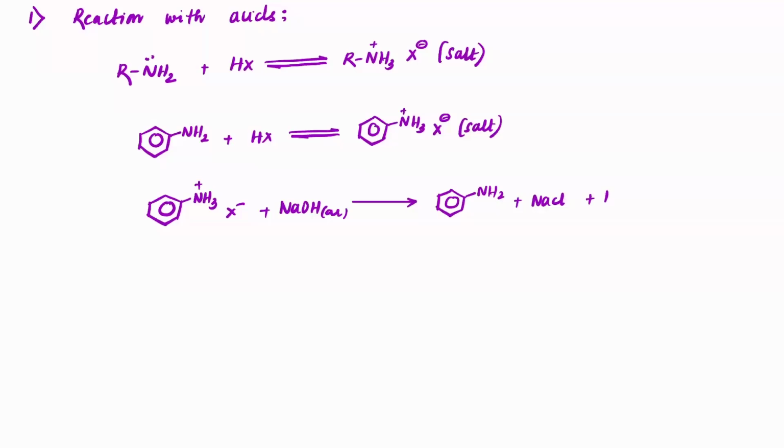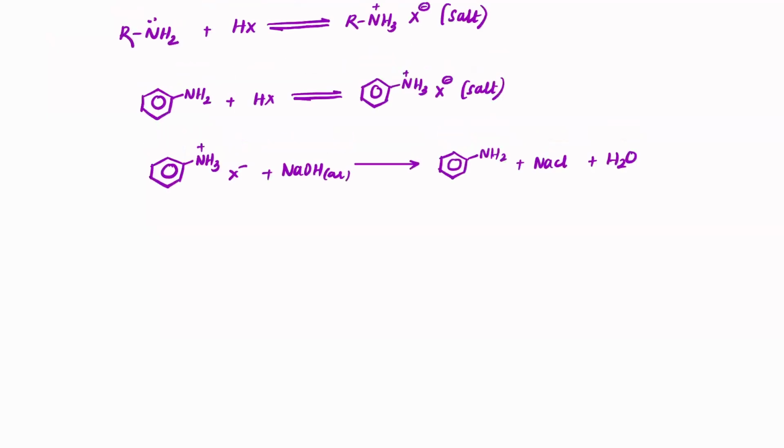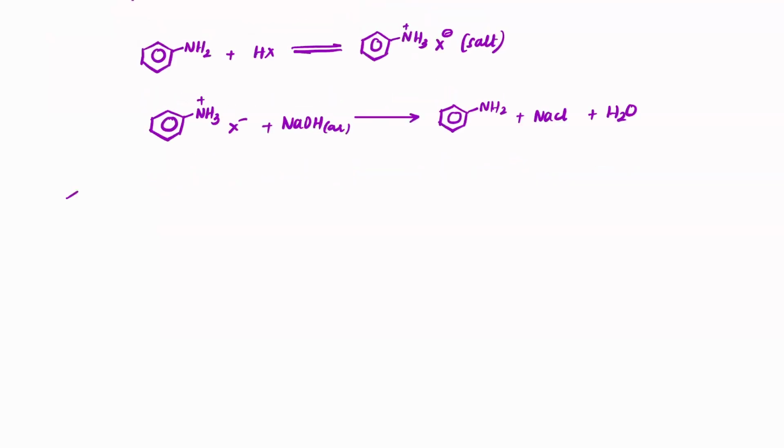So it's a simple acid-base reaction. Now the interesting part is that, with this salt formation and regaining the original molecule, I can use this for separation of organic compounds. Imagine I have toluene and aniline, both in a solution here. Our objective is to separate both of them.